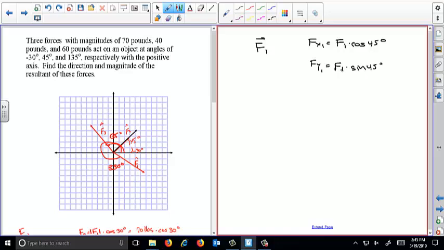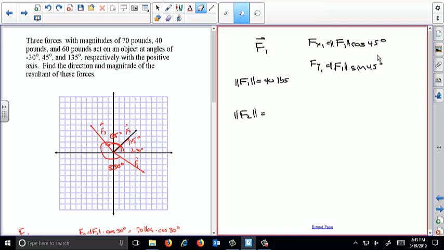Here F1 is the magnitude of the force, and we know the magnitude of F1 is 40 pounds. Wait a second, make sure we're doing this right. We're going to call the one at negative 30 or 330 degrees. You get the same answer.